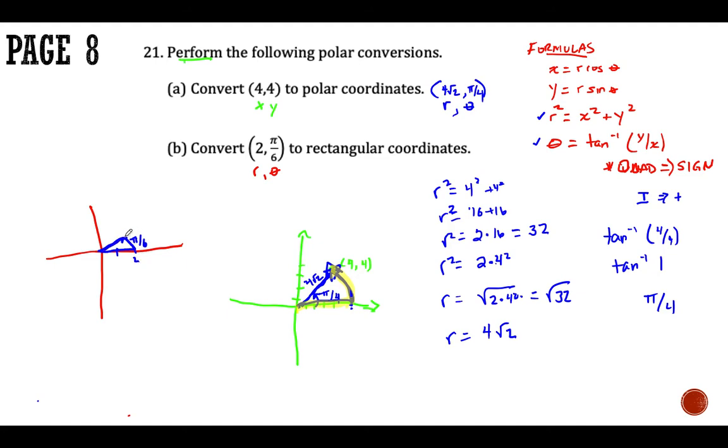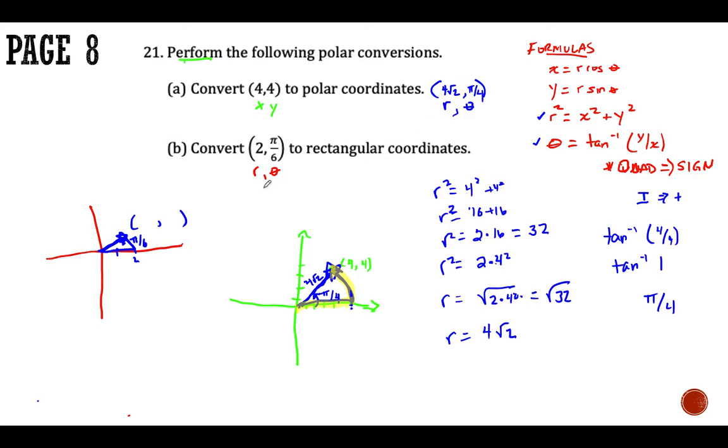Right? How do I get those rectangular coordinates? It's (2, pi over 6) in polar. How do I get that in rectangular?